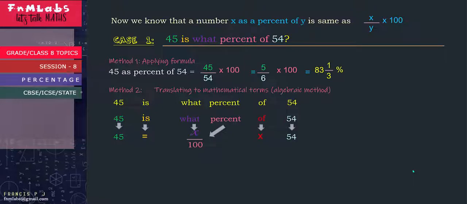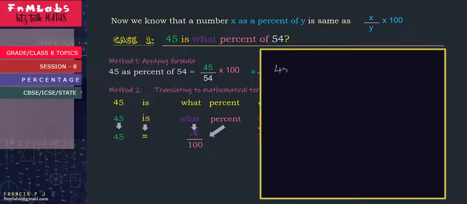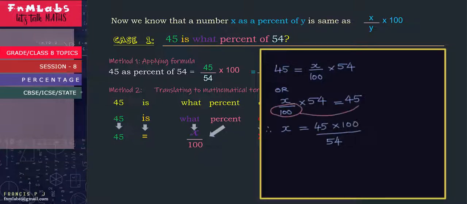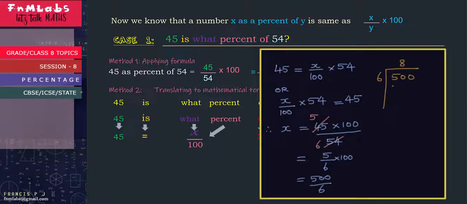So the translated statement becomes 45 equal to x by 100 into 54. Now we need to find the value of x. Now we see the value of x equal to 45 divided by 54 into 100, which is equal to 5 by 6 into 100, which is equal to 83 and 1 by 3%.